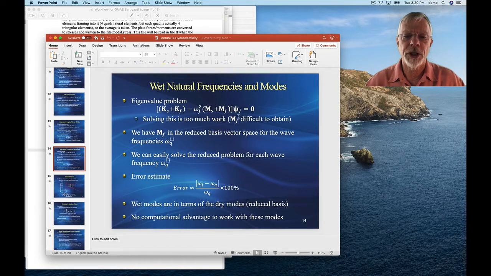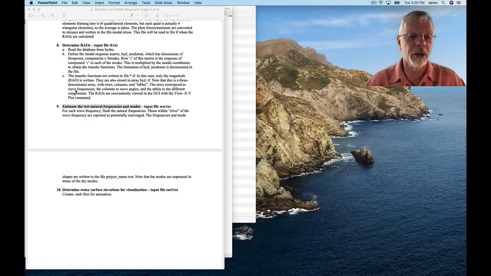And of course, the eigenvector would be an estimate of the wet mode, represented in terms of the reduced basis. So let us look at the input file for this, and it's very simple.